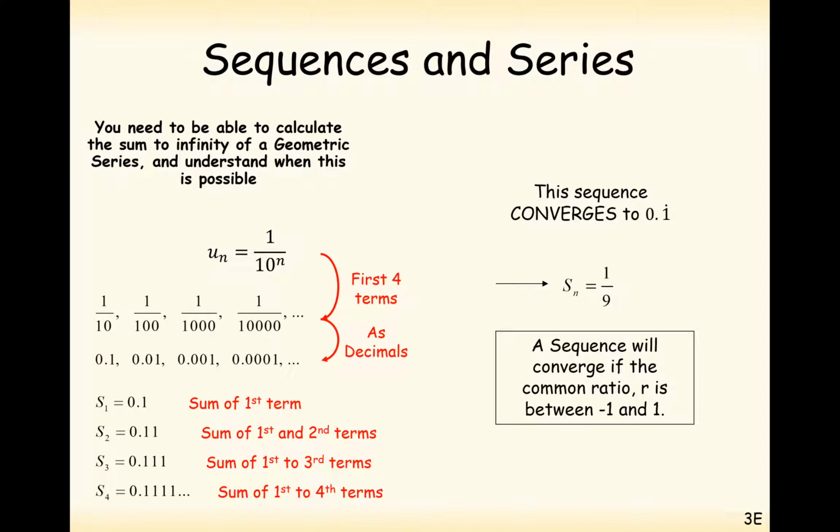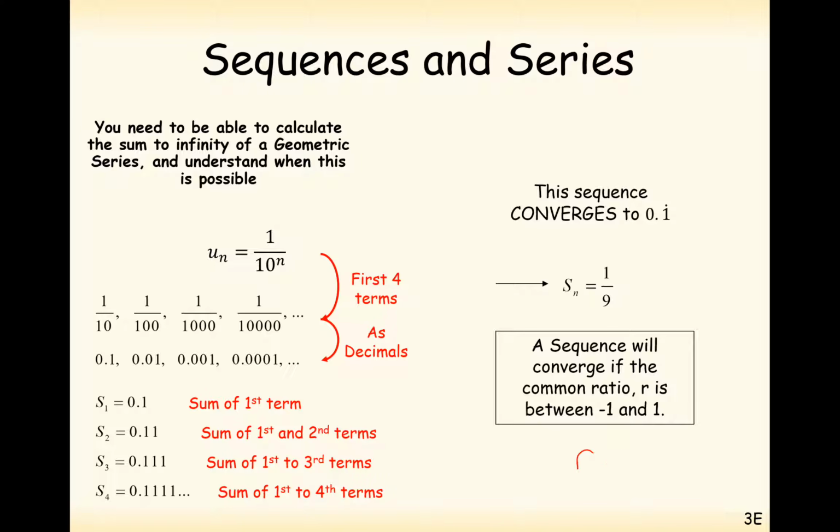So in this case, we've seen a possible case where if we add infinitely many numbers up, it actually equals some fraction, in this case 1 over 9. This generally happens when we've got a common ratio between each of the terms that's in between -1 and 1, not including -1 and 1.